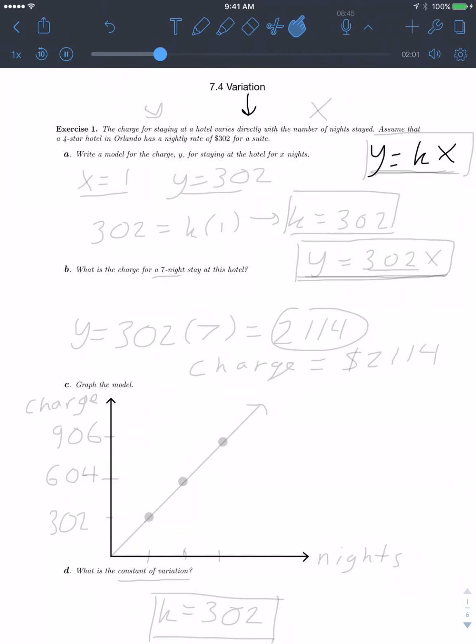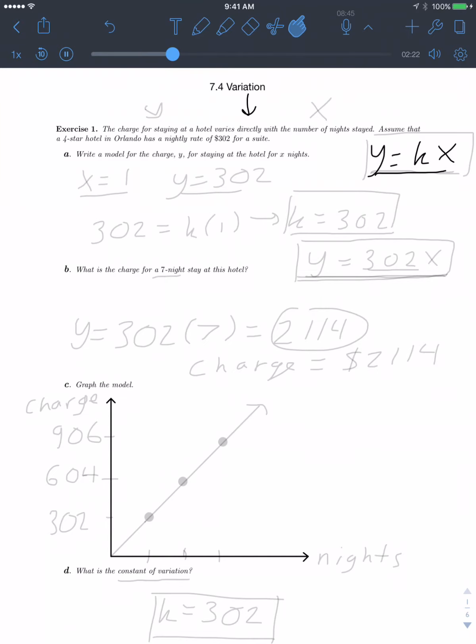So the next step is usually assigning a variable to the quantities in question. We say the charge for staying at the hotel varies directly with the number of nights stayed. And just to refresh, we say that y varies directly with x when this is happening.